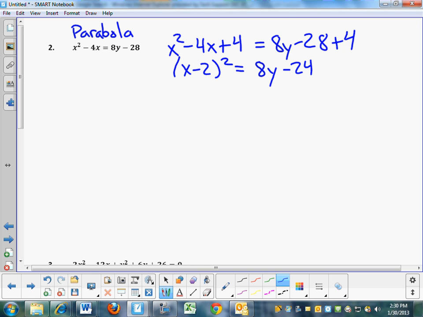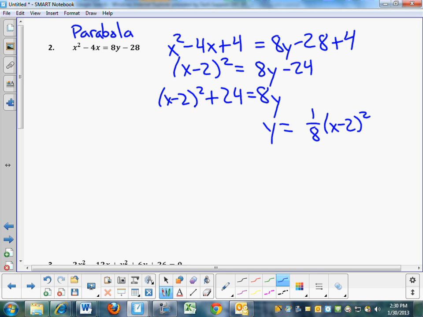We got to solve for what variable? y. So we should do what with the 24? Add it over. So you got x minus 2 quantity squared plus 24 equals 8y. Now, we got y equals 1/8 of x minus 2 quantity squared plus a constant. That's the form that we can work with.